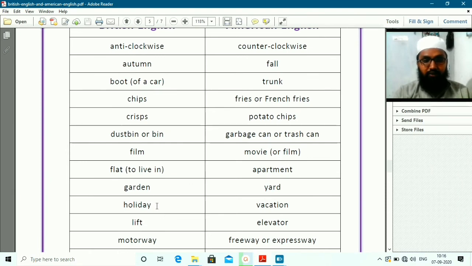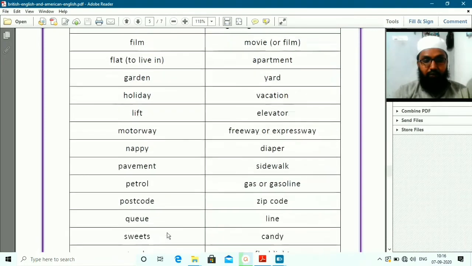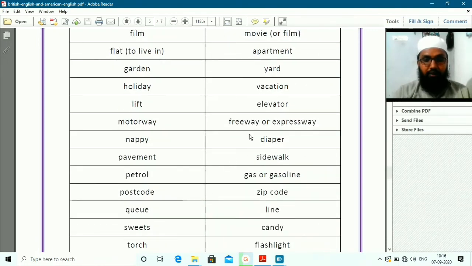Likewise, holiday, here vacation, here lift, here elevator, like that. Motorway, in American English we used to say freeway or expressway, like that. Nappy, diaper, pavement, sidewalk, then petrol. Here we have to say gas or gasoline, then postcode. Here we have to say zip code.